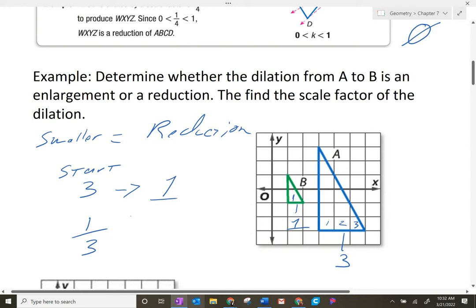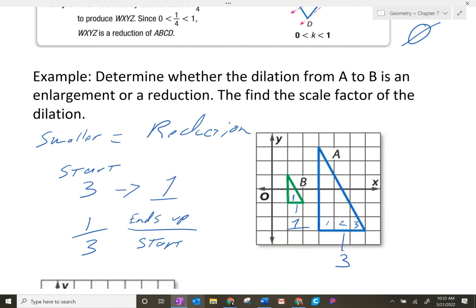So where it ends, I'm going to say it ends up over how it starts. So it ends at a 1, it starts at a 3. I've got 1 divided by 3.